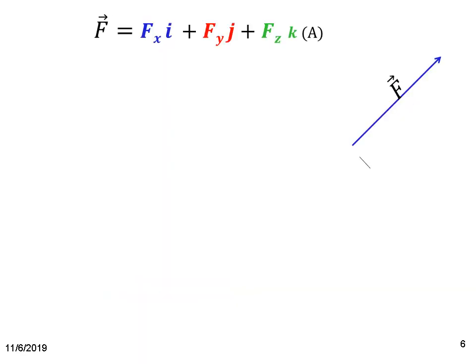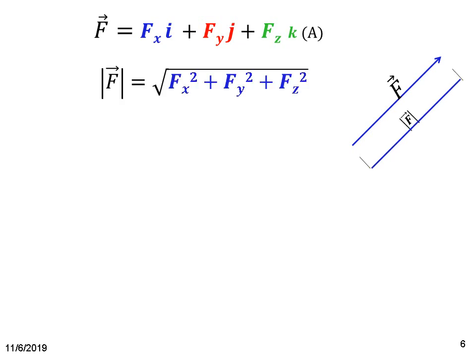Now the magnitude of the vector F is the square root of Fx square plus Fy square plus Fz square. This vector can also be expressed in terms of a unit vector u and its magnitude.